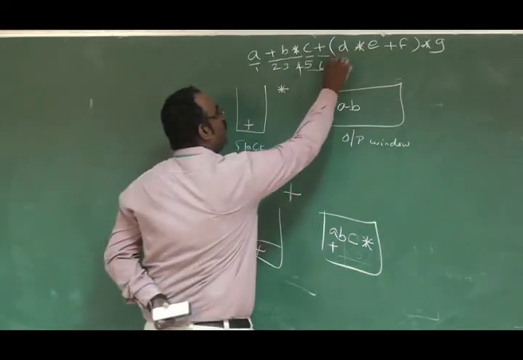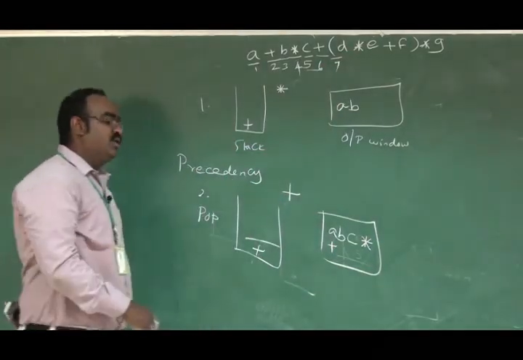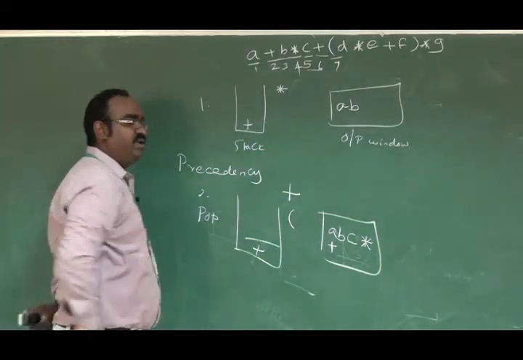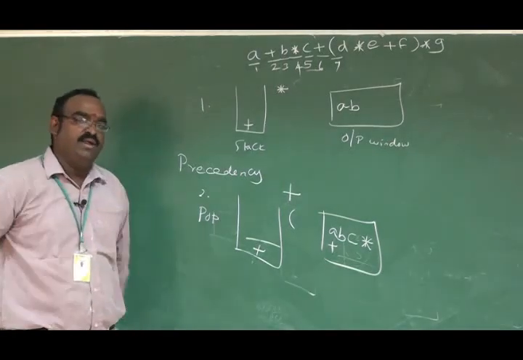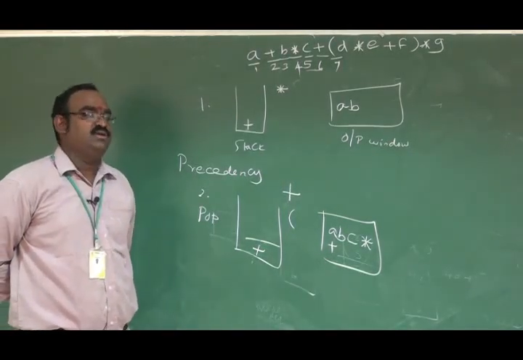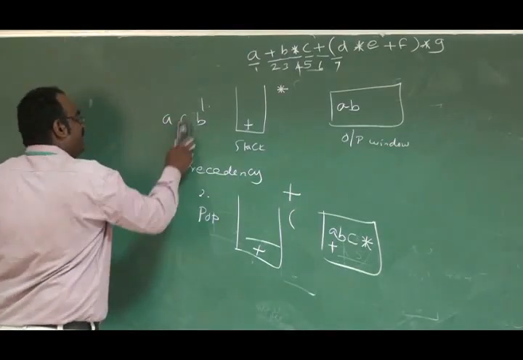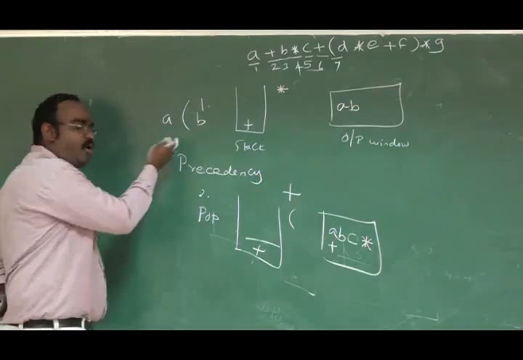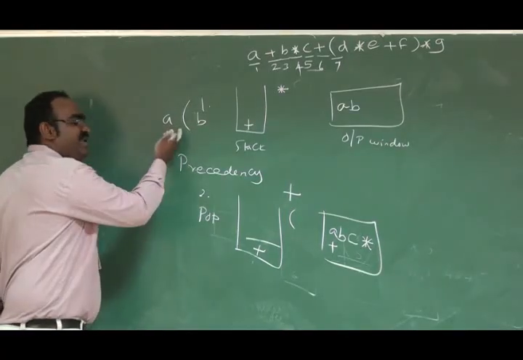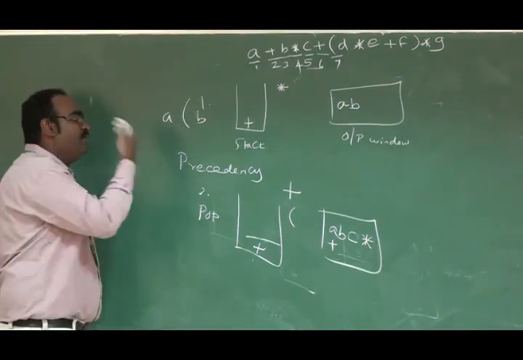What is the seventh one? It's a left parenthesis. A left parenthesis is not an operator. It holds a group of elements, and it has the highest precedence, but it cannot be evaluated by itself.